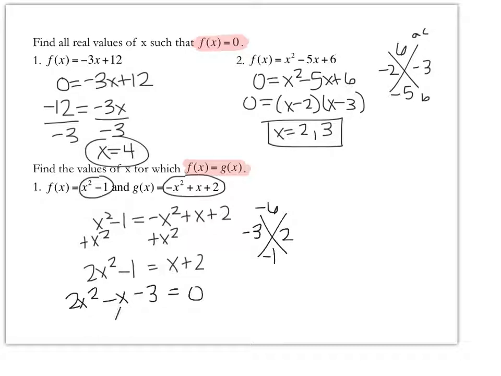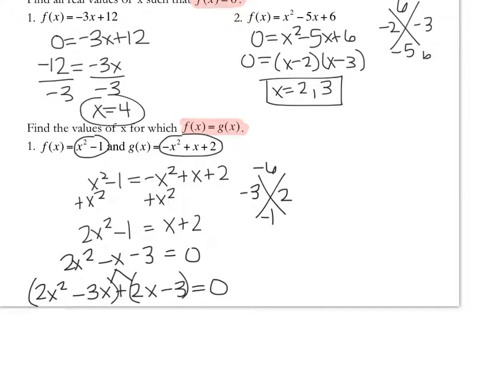Then here's the trick. We split the middle term into those two values. So the 2x squared is going to stay, but -x is turning into -3x plus 2x minus 3 equals 0. We're creating something that has 4 parts, because when we create something that has 4 parts, we can factor then in groups. I can make 2 groups here. So then this x can come out of this first group.